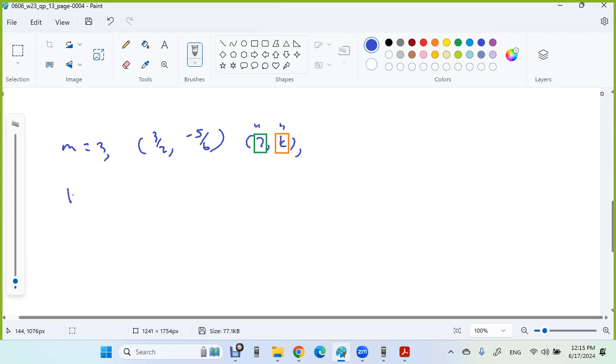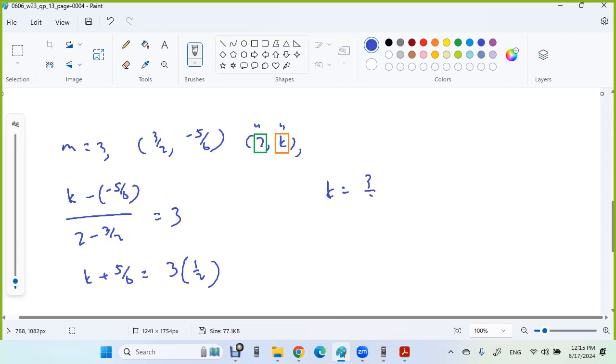So we have the gradient: k minus negative 5 over 6, over 2 minus 3 over 2, equals 3. So k plus 5 over 6 equals 3 times 1 over 2. So k will be 3 over 2 minus 5 over 6, which is 9 minus 5, 4 over 6, 2 over 3. Yes, correct.